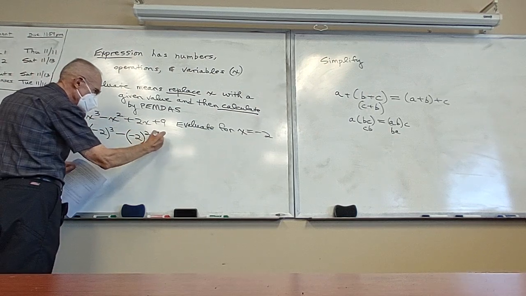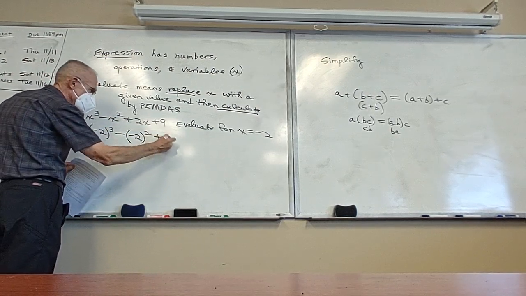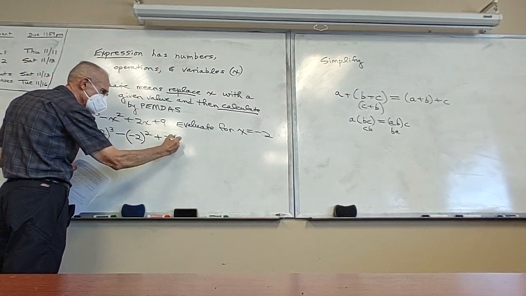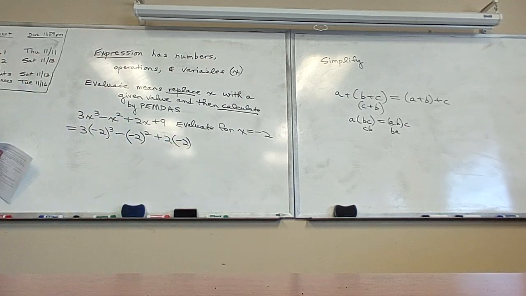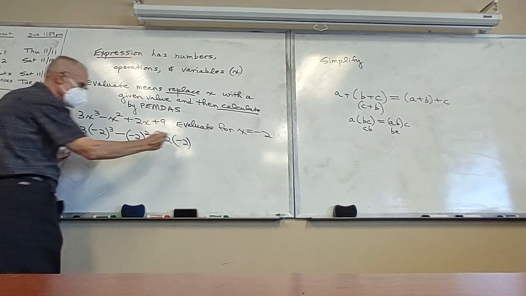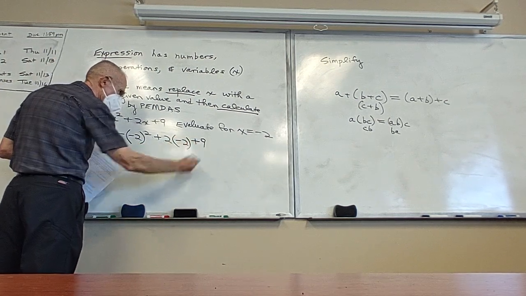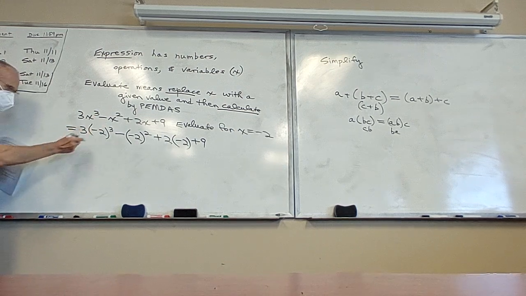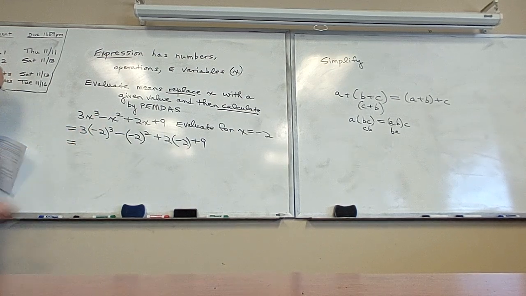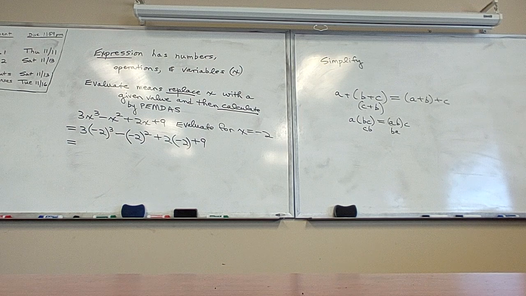Plus 2, there's x again, parentheses, -2. Finally, plus 9. Now you see why you shouldn't be doing too much in your head. Please write that down first. Then you've got to copy this and calculate this correctly. Sign is the big thing.